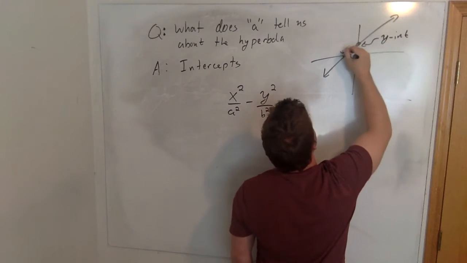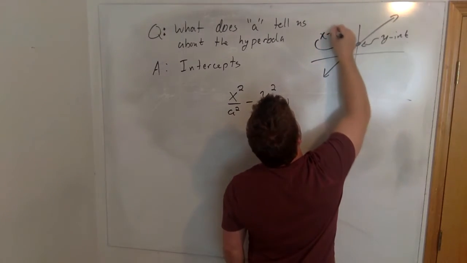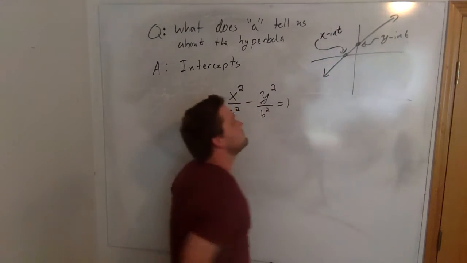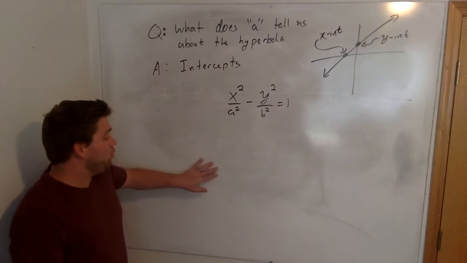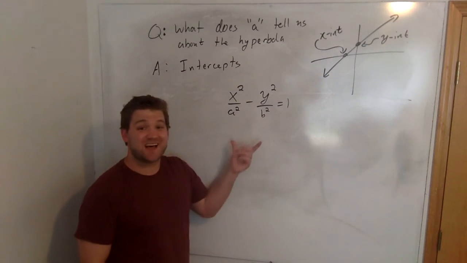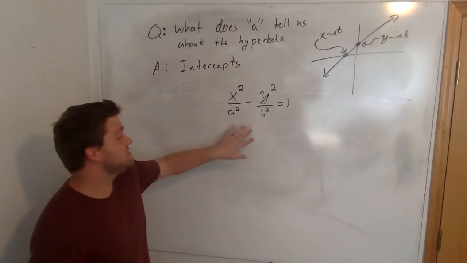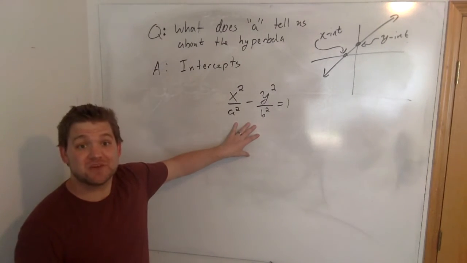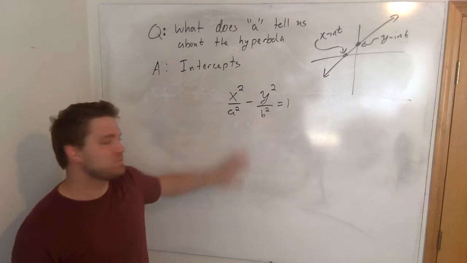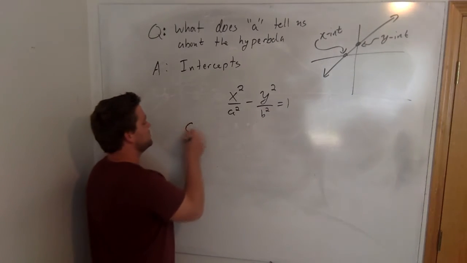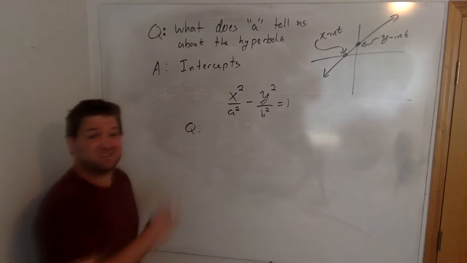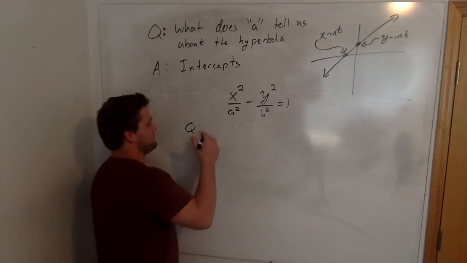Where the graph crosses the x-axis is what we call the x-intercept. So when I'm looking at something like this, I'm going to ask myself, does this hyperbola have x-intercepts or y-intercepts? Here's a sub-question. Let's ask ourselves, does this have y-intercepts? Let's ask that first.